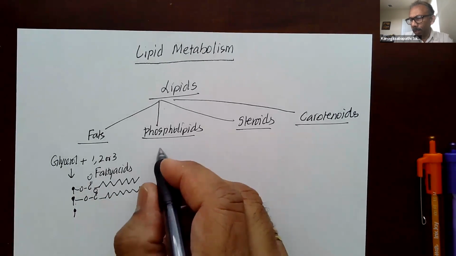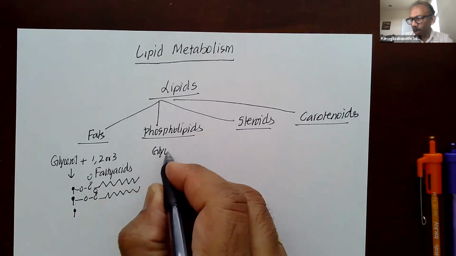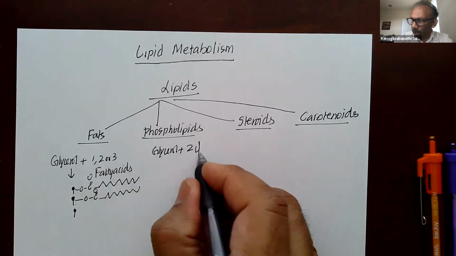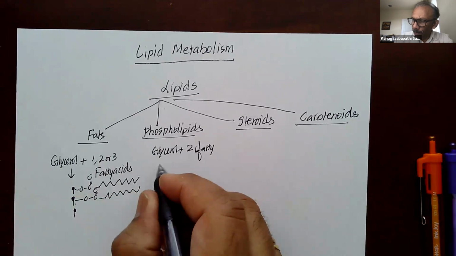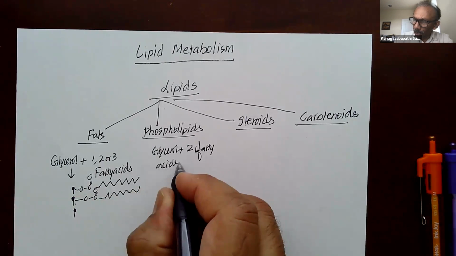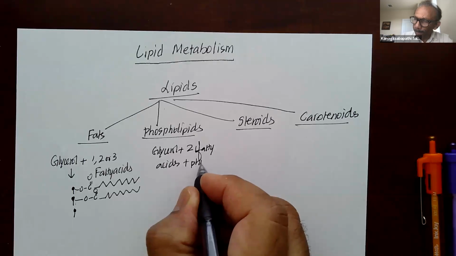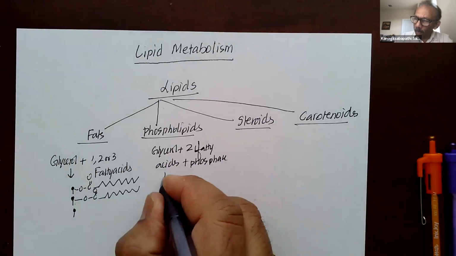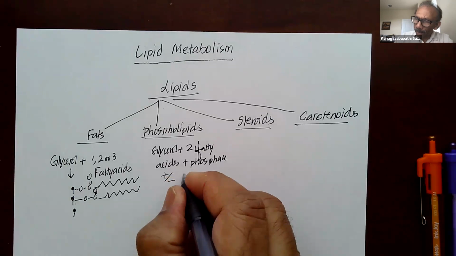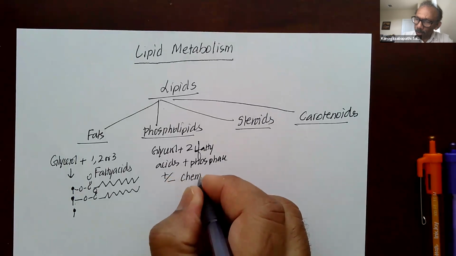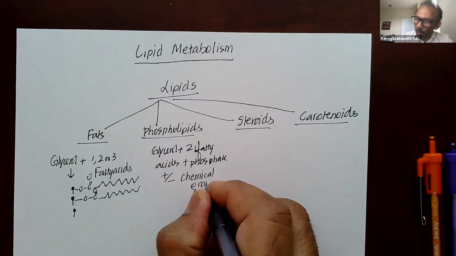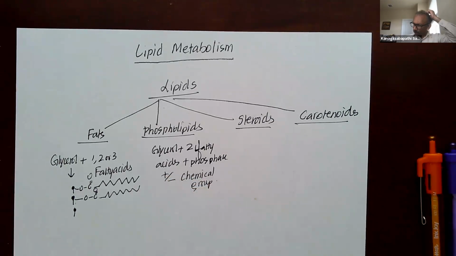And phospholipids have glycerol plus 2 fatty acids plus a phosphate. They may or may not have another chemical group in addition to the phosphate. So that is what makes a phospholipid.